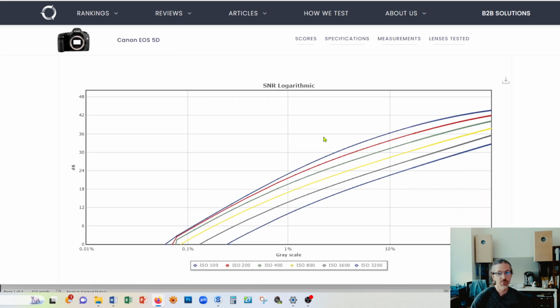And this is purely talking about how much data the sensor can read out in different conditions. So what are these different conditions? 1% grayscale and below means conditions where there's barely any light and very poor contrast.